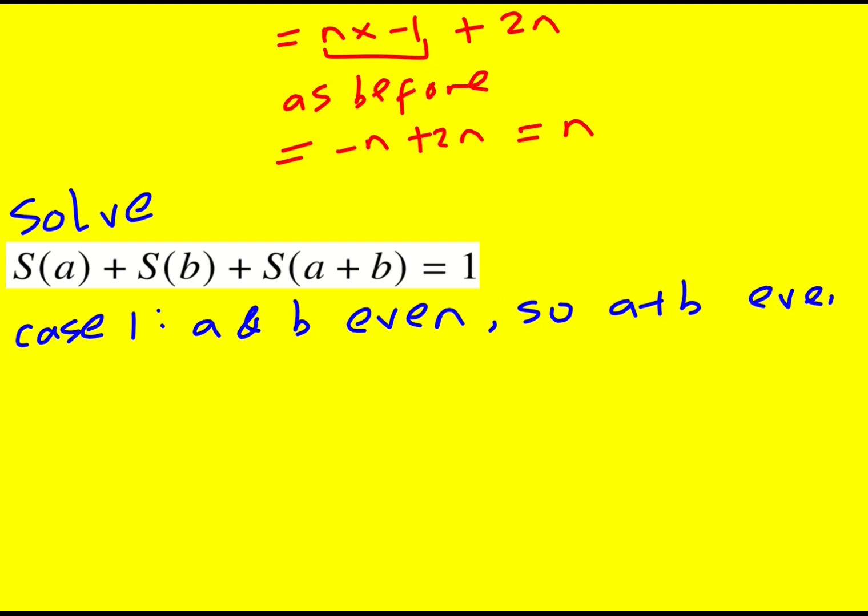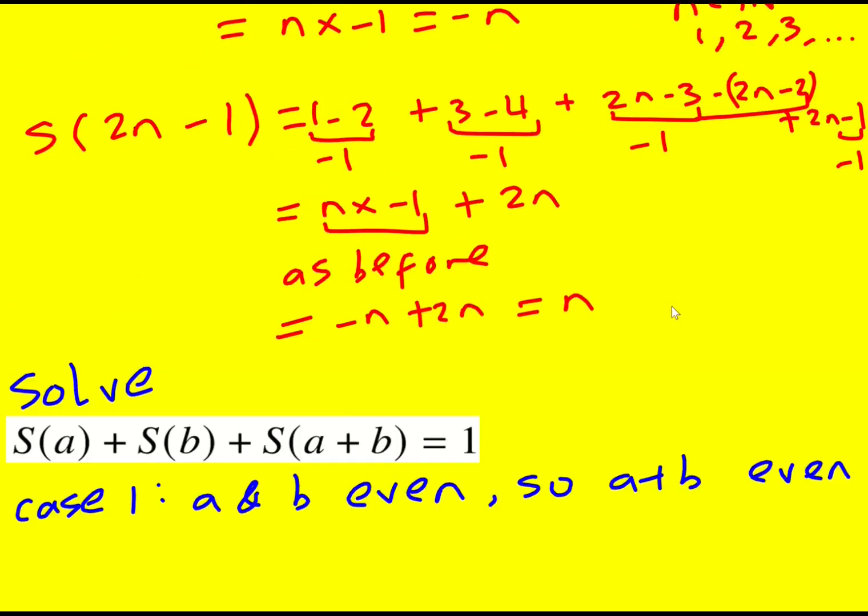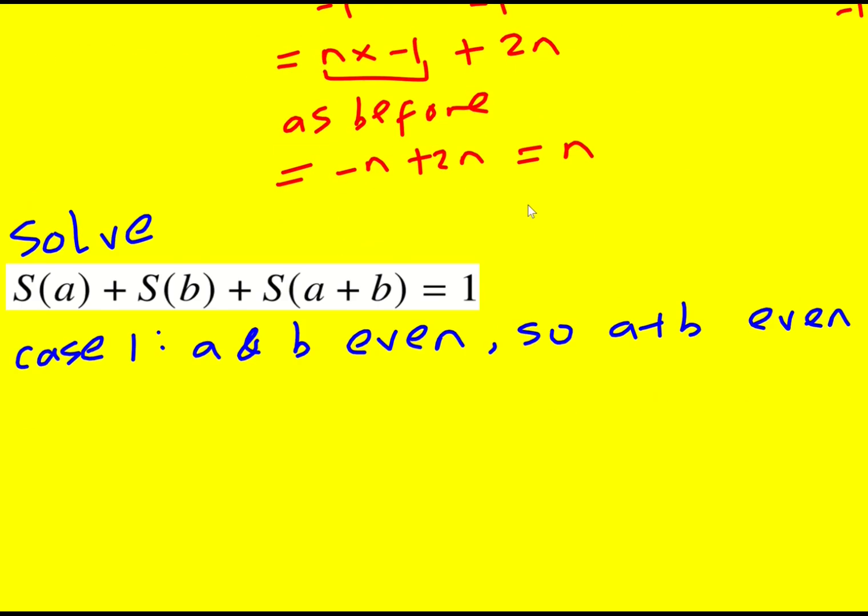You can assume that, so we don't need to prove that or anything. Then all sums will be negative, because we've literally just shown a minute ago that we get minus n. So no solution.